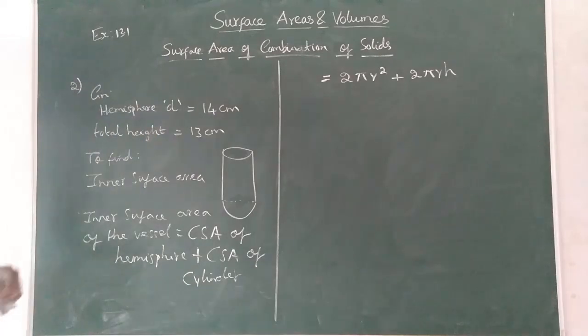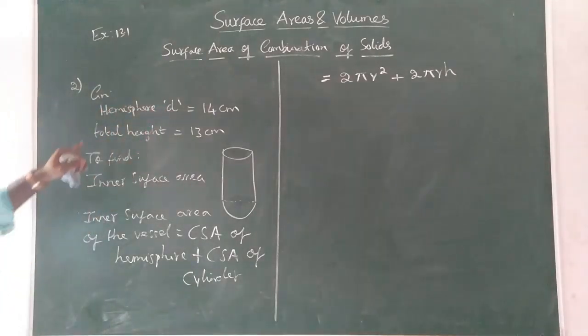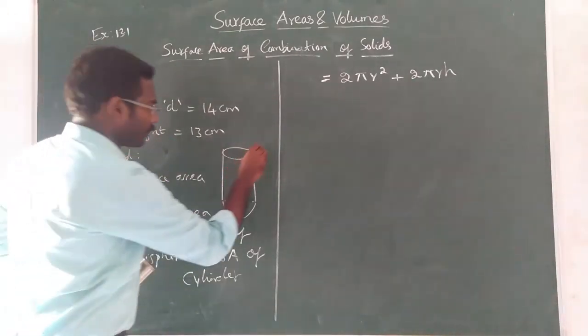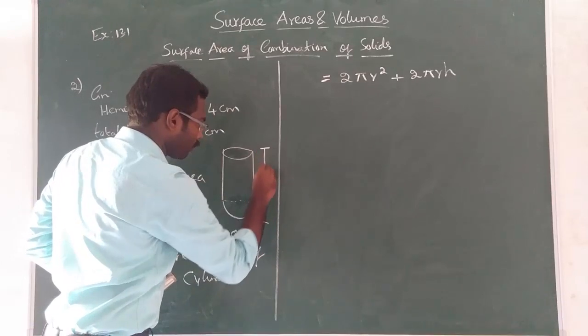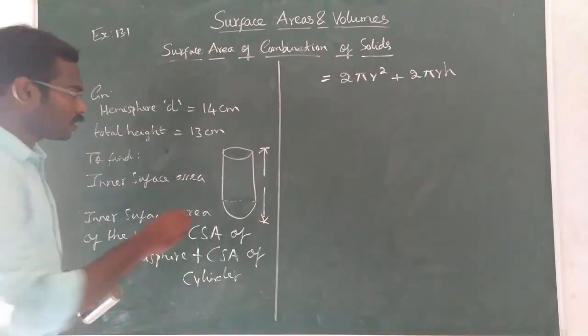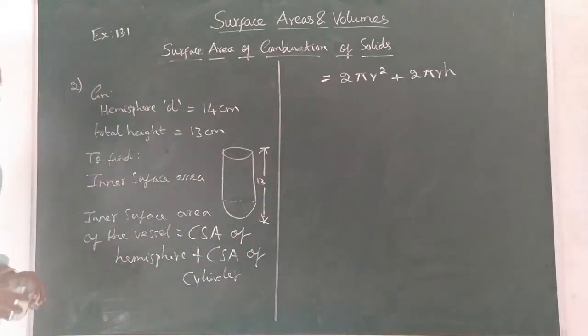So in the question, diameter is given, and total height is given. Total height means the height including the cylinder and hemisphere. This total height is 13 and the diameter is 14.